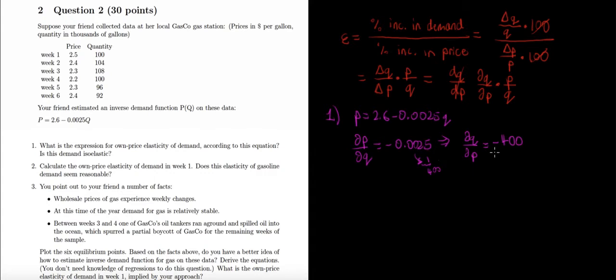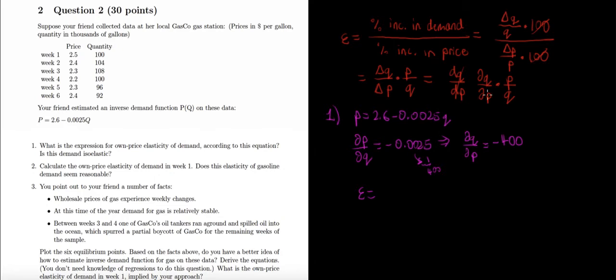Okay, but we're not done here. We have to use this expression for the own price elasticity. So usually we think of price as the dependent variable, and quantity as the thing that is affected by the price. So we're going to write everything in terms of price.